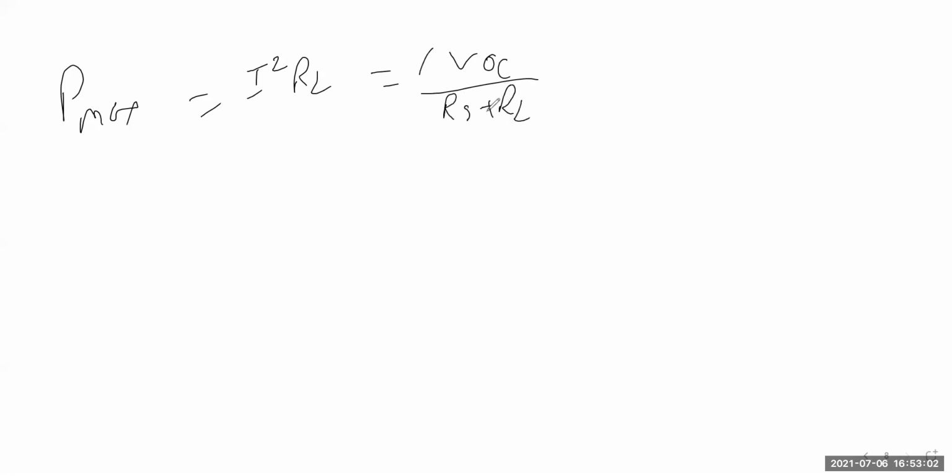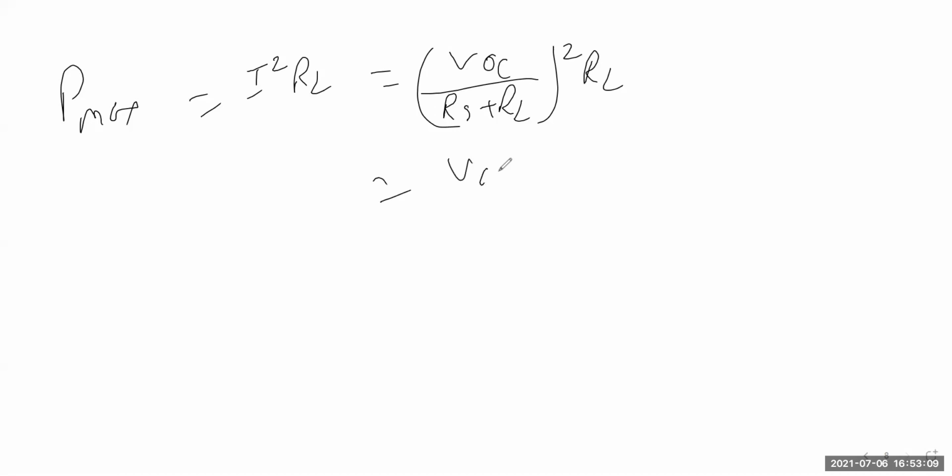Now the second question was asked to find P max. So what is your P max? P max is I square RL, right? Now what is I square? I square is VOC by RS plus RL, whole square, and then times RL.